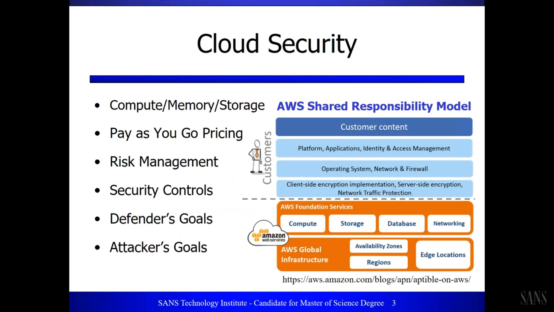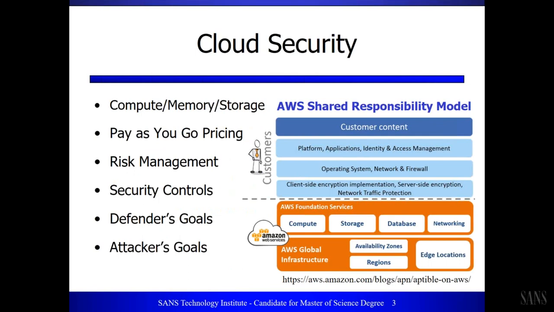When starting a discussion on security, I like to set the stage by recalling the defender's goals and the attacker's goals. The defender intends to protect intellectual property, personally identifiable information, and sensitive customer data, making sure that it's available to only authorized users who need to harness this information to the company's advantage.